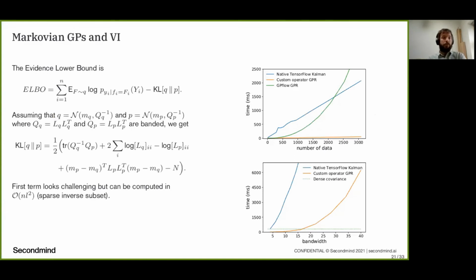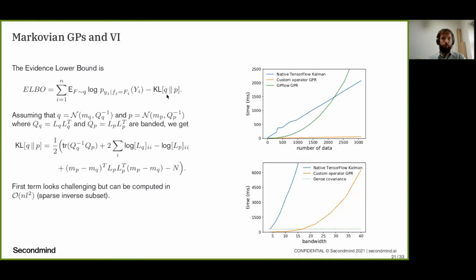So what happens if you want to do variational inference? If you look at the expression of the evidence lower bound, the first term is quite easy to compute. There's nothing that cannot be done with the previous operators that were shown, but we also have to compute the Kullback-Leibler divergence.